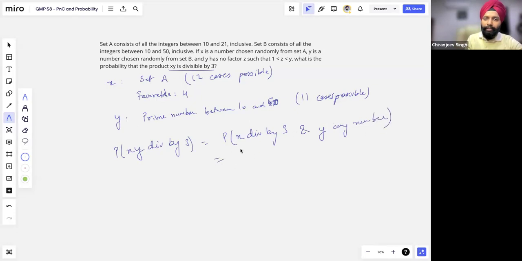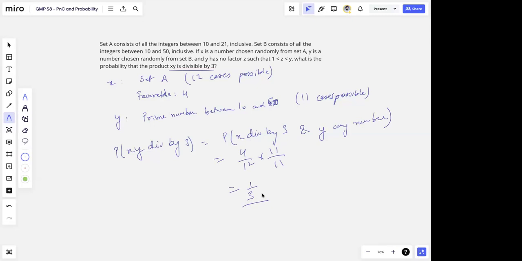So x divisible by 3 is 4 by 12, and y is 11 by 11. Does that make sense? Yeah.